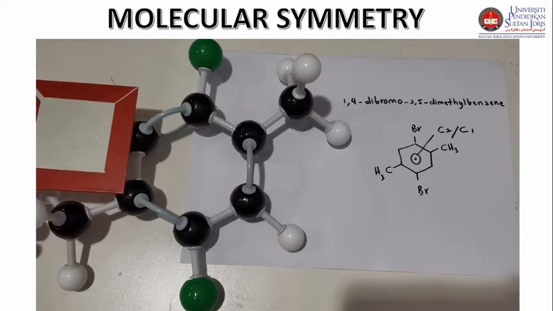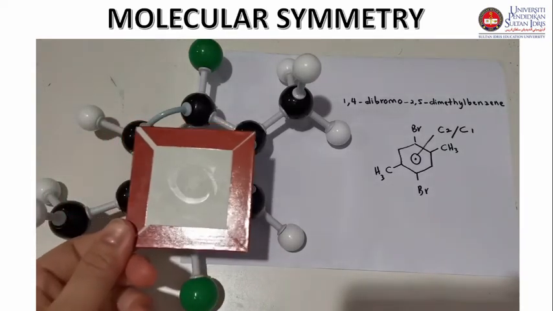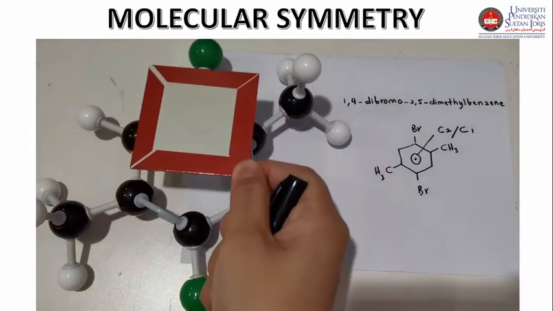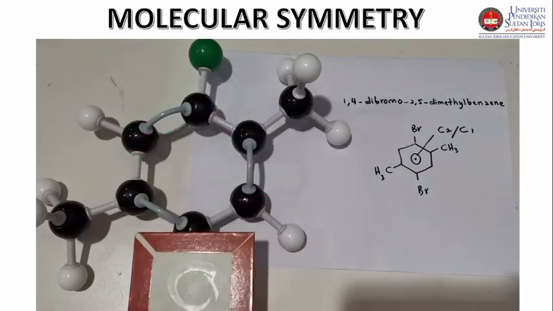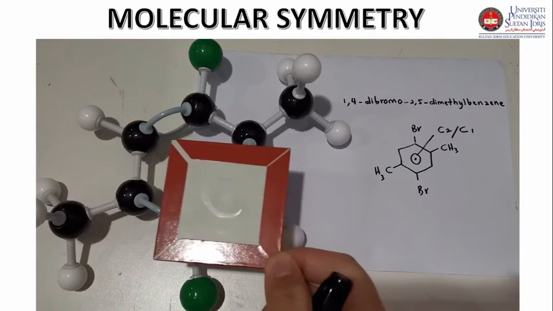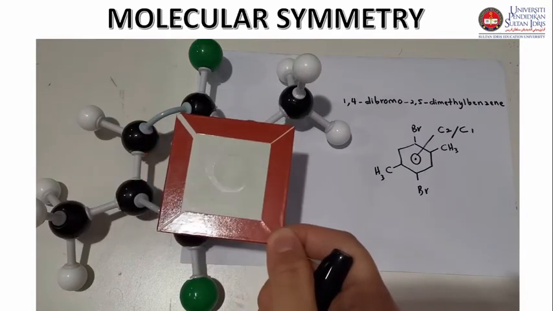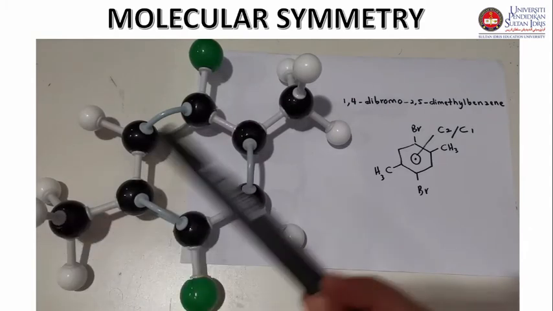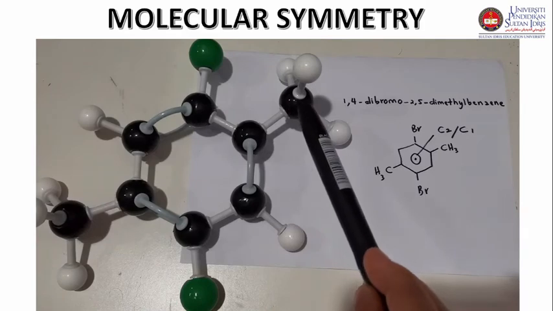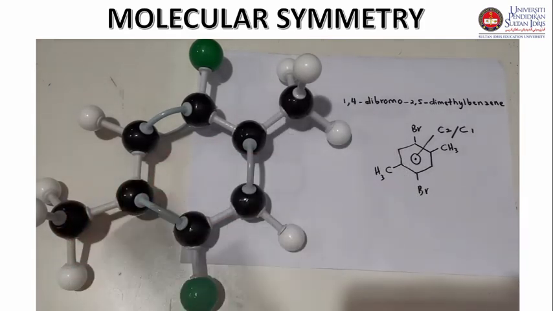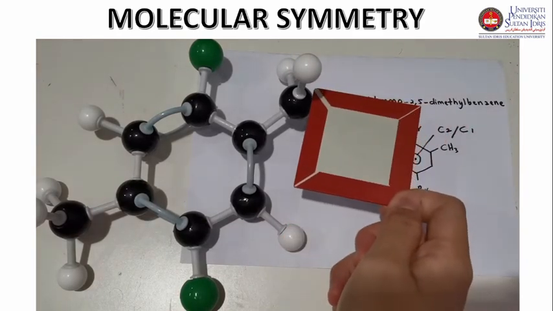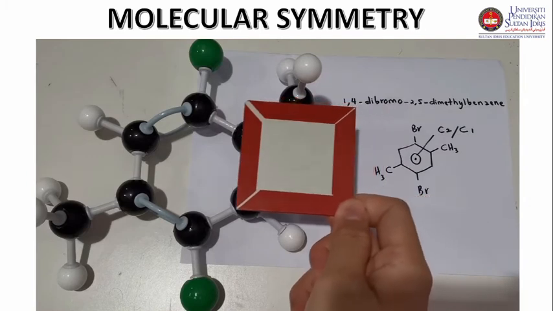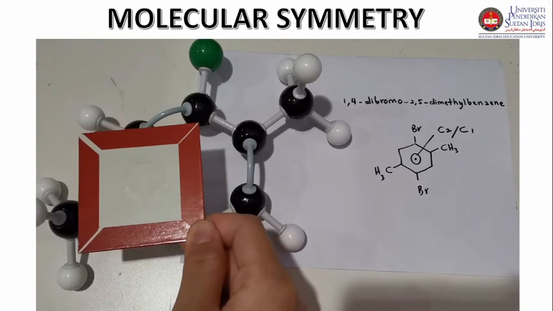Now check horizontally: all the atoms reflect equally through this plane, but this methyl group and this methyl group don't replace each other. You can clearly see this with the mirror.